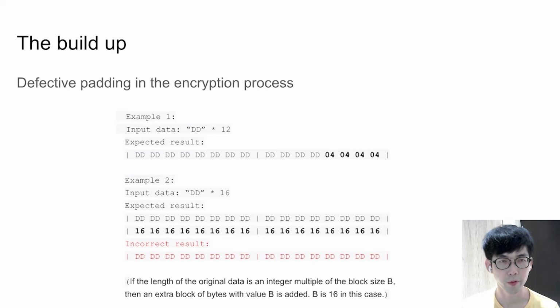Because in the decryption process, we need to remove padding to recover the original data. The algorithm uses the last byte to identify how many bytes of padding need to be removed. That's why we need padding in this example, even though its original data size is already a multiple of block size.